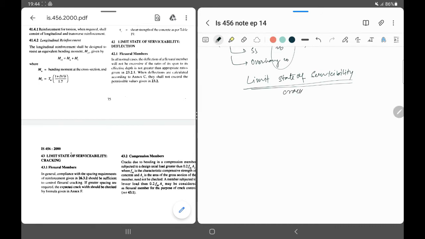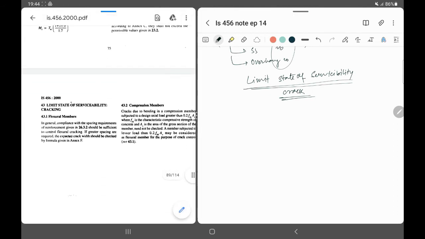Yes, this is crack. What they are saying? In general, compliance with the spacing requirement of reinforcement given should be sufficient to control flexure cracking. If greater spacing is required, the expected crack width should be checked by formula. Suppose you find that spacing is 125 mm center to center, but in some scenario you have to provide 130 mm spacing center to center, so the gap is 5 mm.